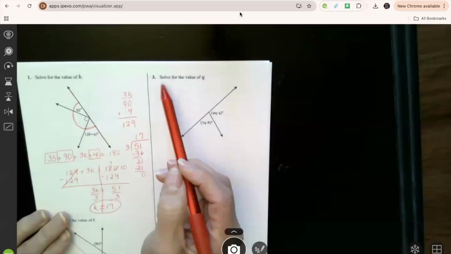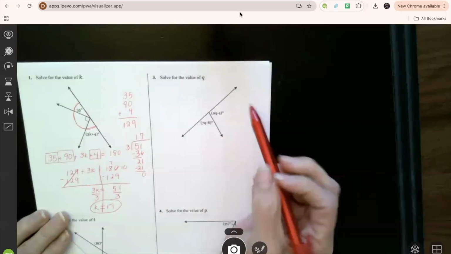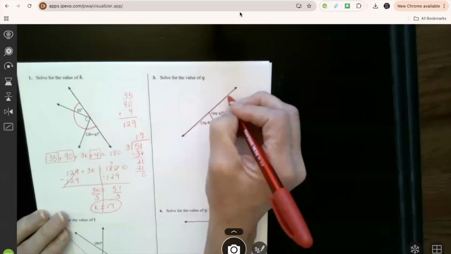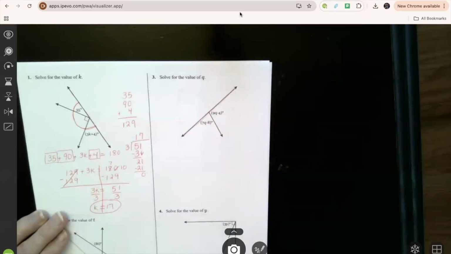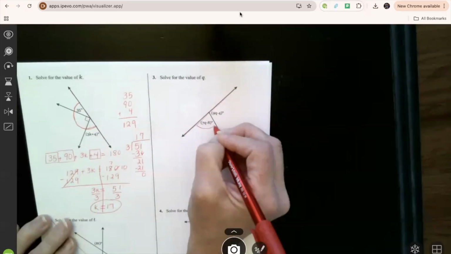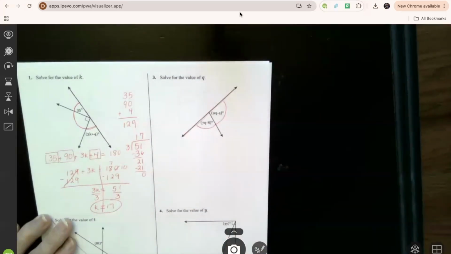All right, so let's look at number 3. Number 3 says solve for the value of Q. Again, we know that this right here is a straight angle, which equals 180 degrees, which means this 7Q minus 8 and this 9Q minus 4 equal 180 degrees.